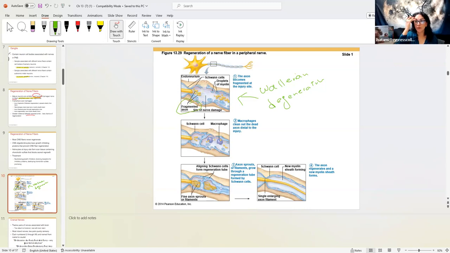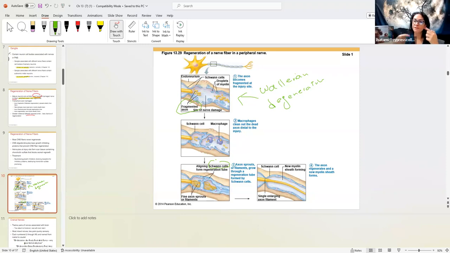The second thing, when we want to regenerate a nerve fiber, is that we have to clean this area. Macrophages are the cells involved in regeneration of the nerve fiber. They come to this area and clean out the dead axons distal to the injury site. Now that we have this area cleaned by macrophages, we need the Schwann cells. Schwann cells are glial cells that form the myelin around peripheral axons, and they are able to divide through mitosis.